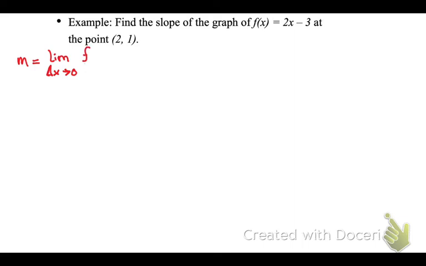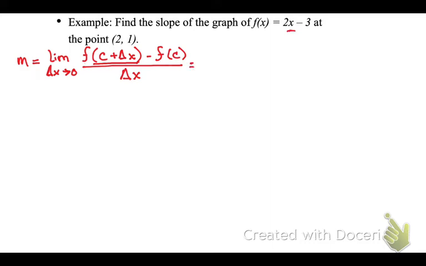So f of c plus delta x minus f of c over delta x. Yep. So this tells me I have to put c plus delta x into my function for x, yes?